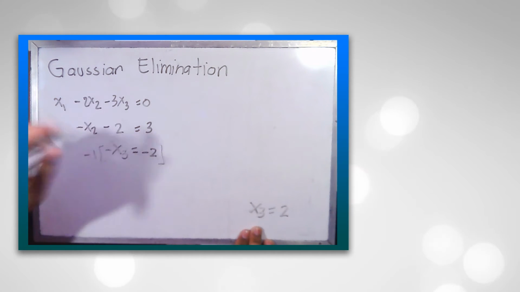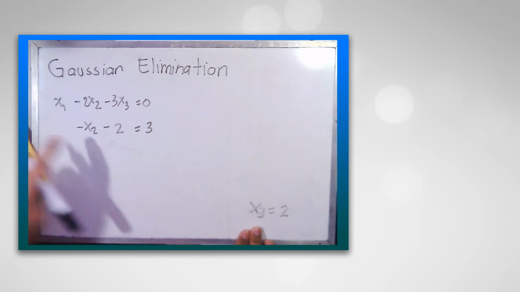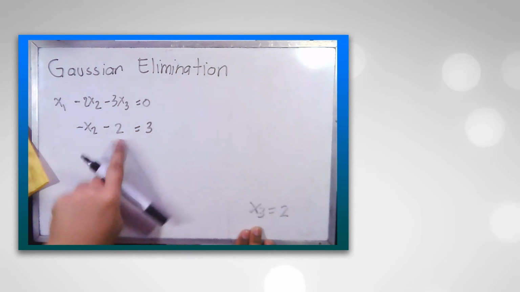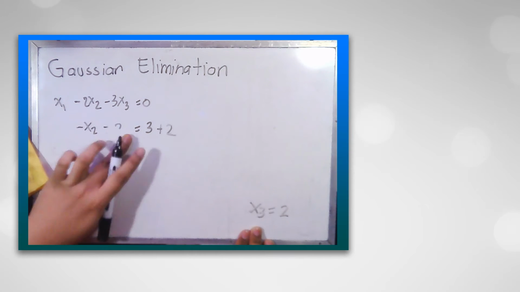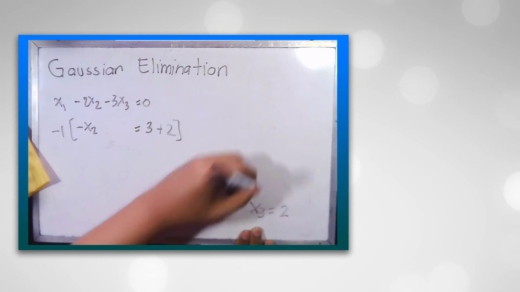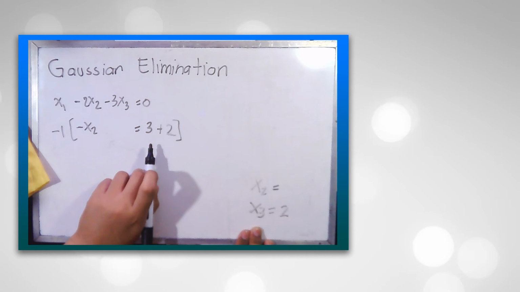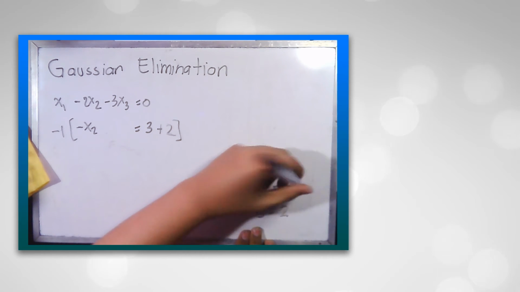To 2. And then moving this -2 on the other side, we'll get 3 plus 2. Then multiply both sides by negative. We'll be arriving with x sub 2 is equal to -5.